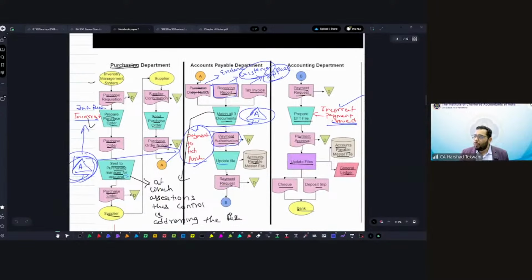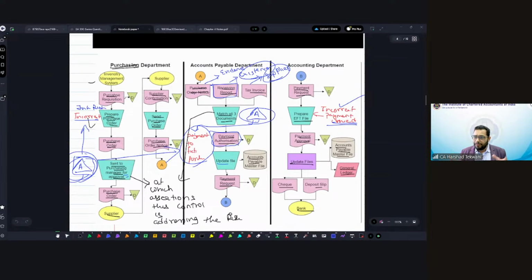Now tell me, if I talk about the three-way match control in this particular example, what is it doing? The three-way match control is bringing up some data and then matching it.